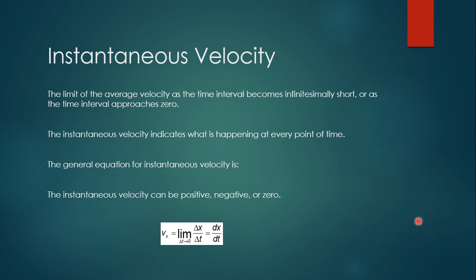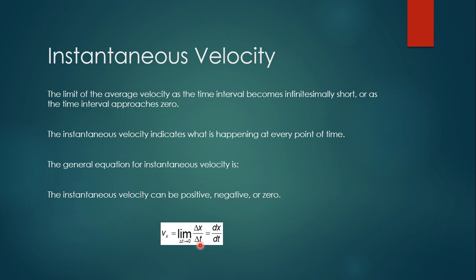Now, instantaneous velocity. We say that the limit of the average velocity as the time interval becomes infinitely small, or as the time interval approaches zero, is the instantaneous velocity. What this means is we define average velocity along x as delta x by delta t when this delta t becomes very small.